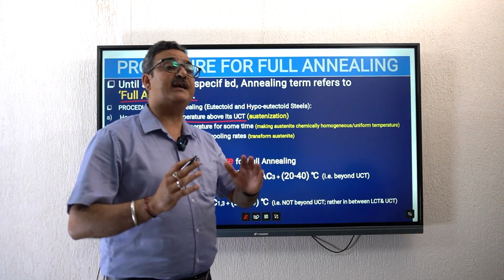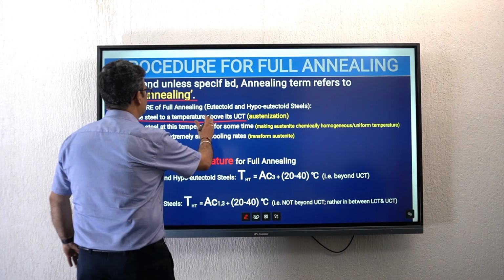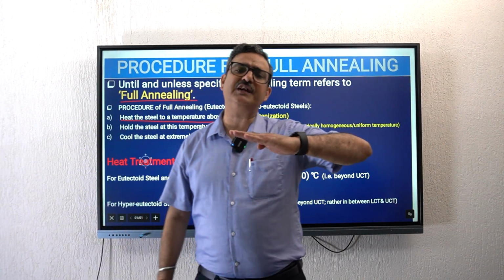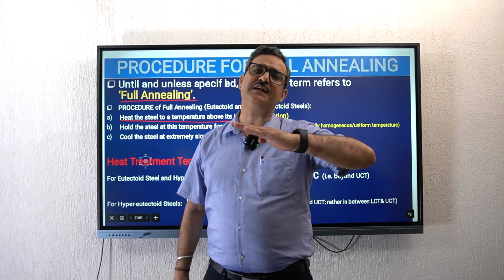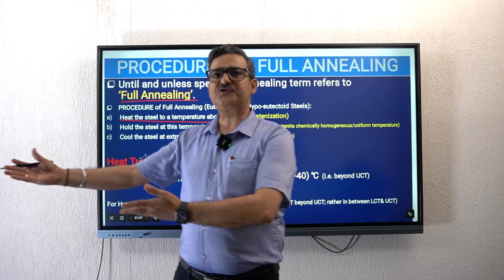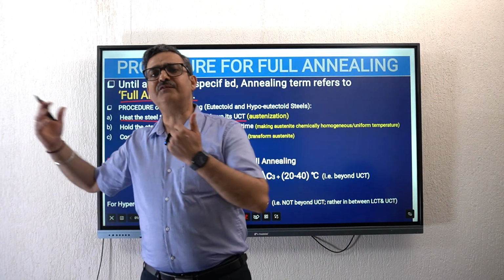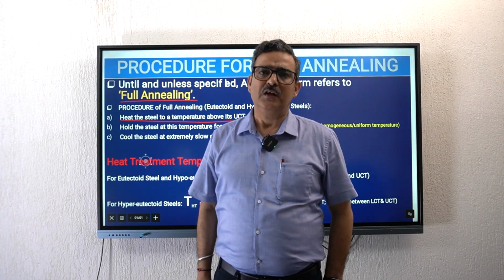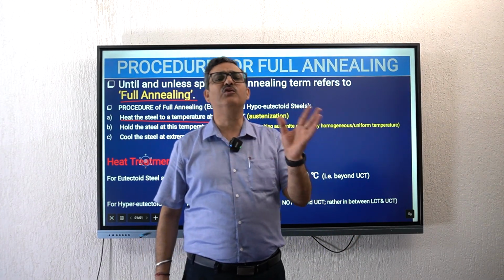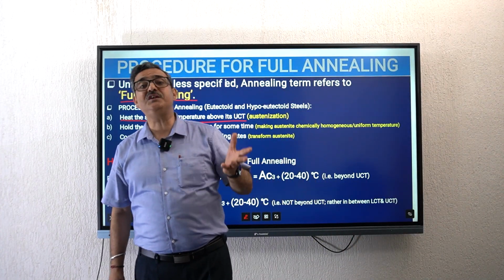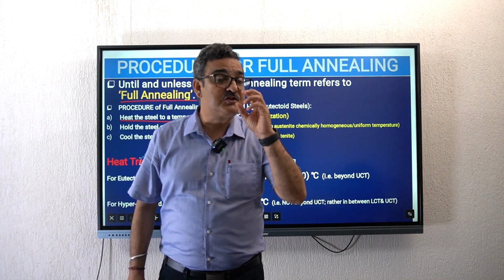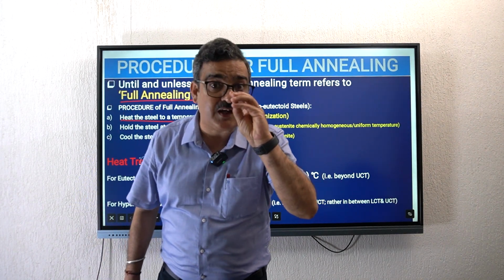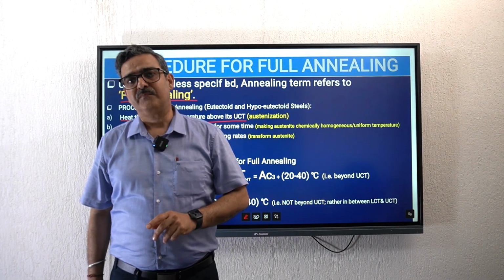Suppose you have to reach the heat treatment temperature. One student may say I will follow a very slow heating rate of 15 degrees centigrade per hour, but another student has an induction furnace in the industry, and he can go at 100 degrees centigrade per minute. So heating rates are generally not very crucial in affecting the microstructure of a steel? Yes, a very fast heating rate will lead to a slightly finer grain size.